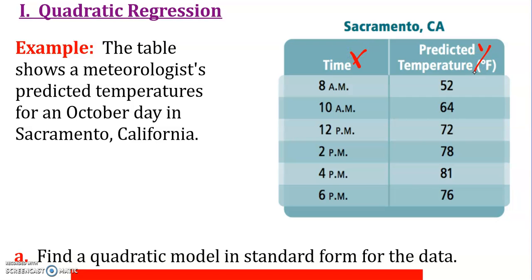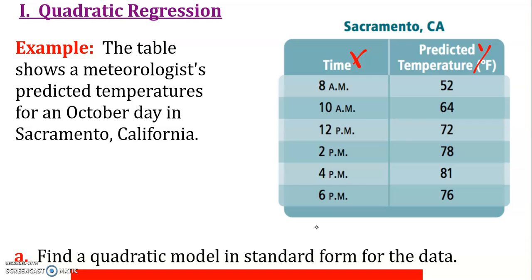Some of you might be noticing something that could throw off our calculator, and that is right here. As soon as we hit the PM times, the numbers reset. As soon as you get past noon, you start over at 1 o'clock, 2 o'clock, 3 o'clock, and so on. Our calculator doesn't know that.